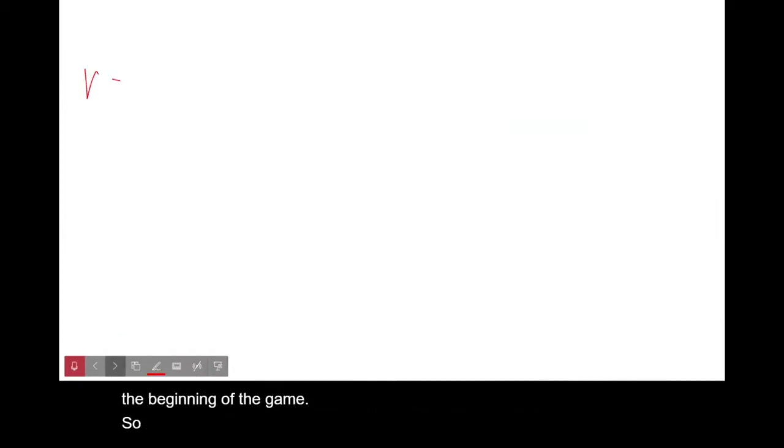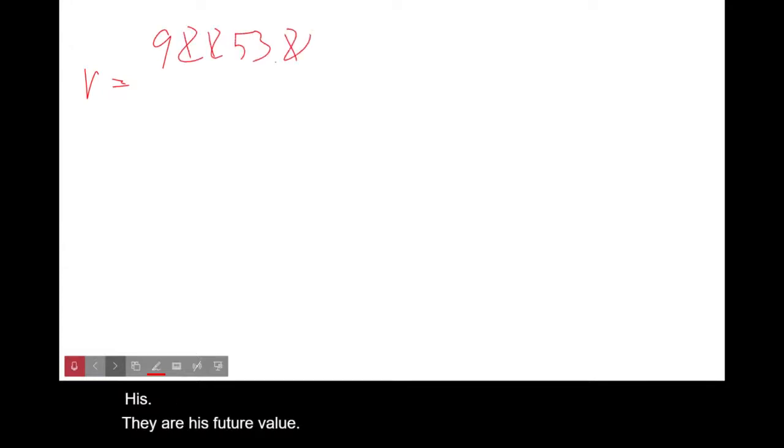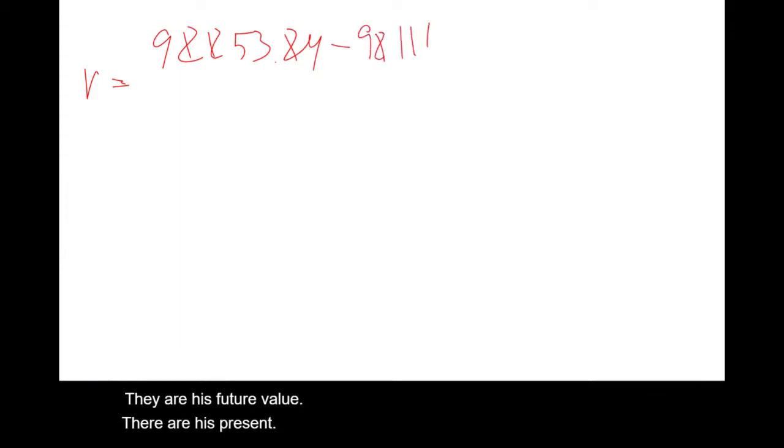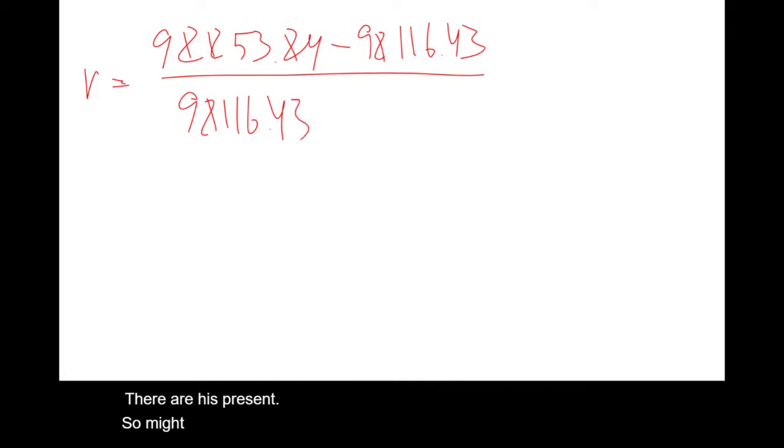R is there his future value, and there his present value. So 98,116.43, and we had 67 days. Let me double check.